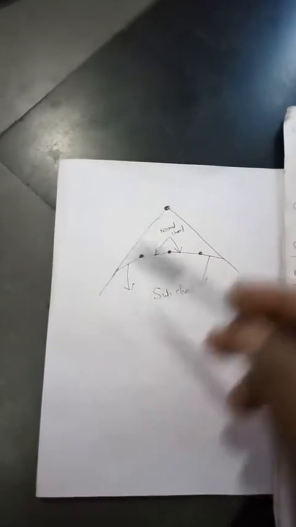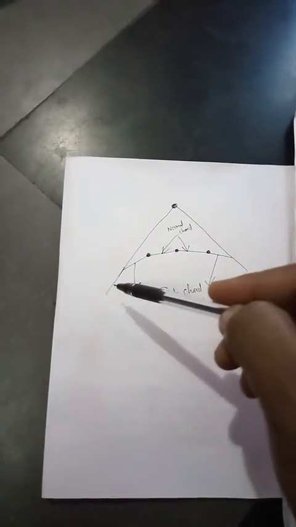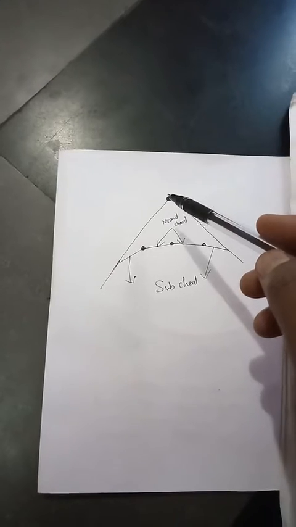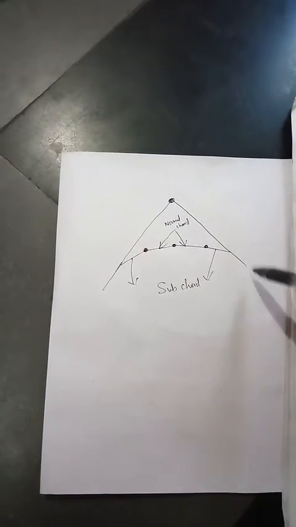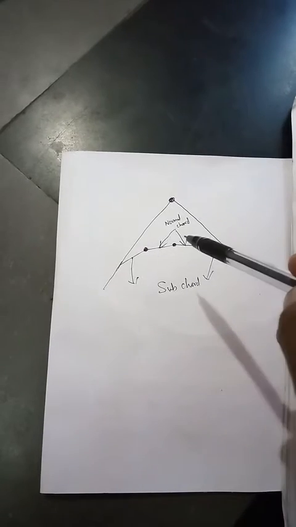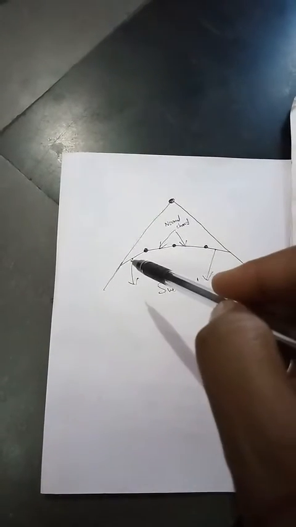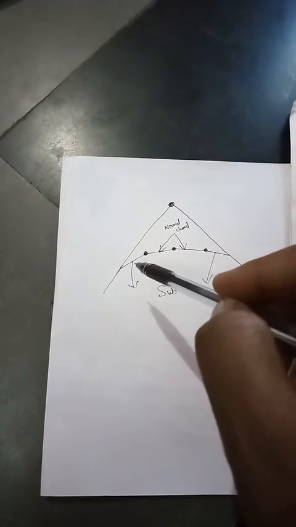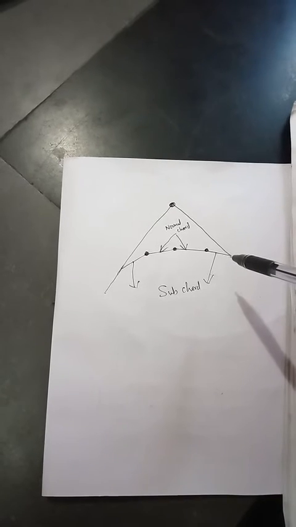So this is the figure. These are the two straight lines or tangent lines. In between, some chords are there. This is the first chord, second, third, fourth chords are there.